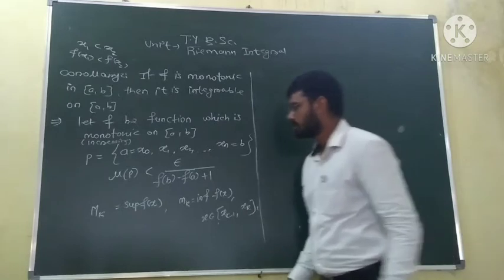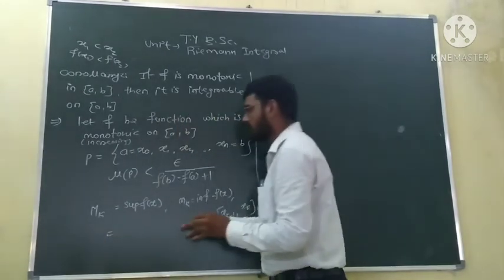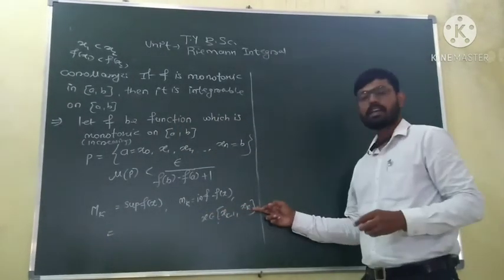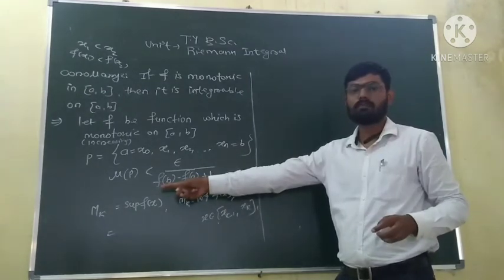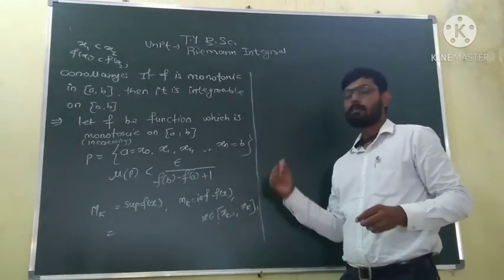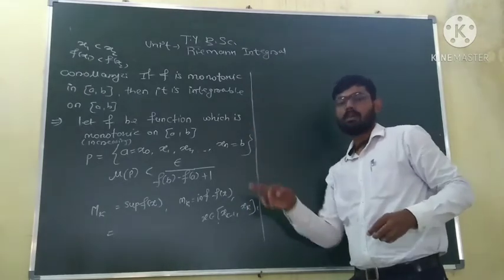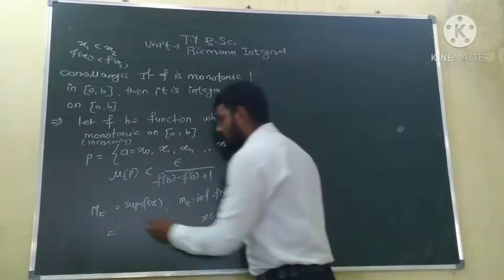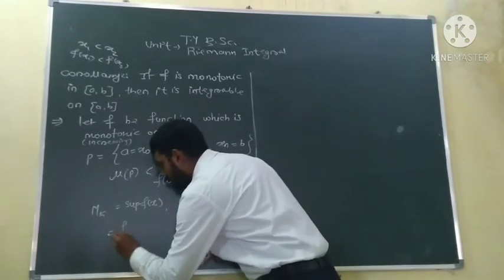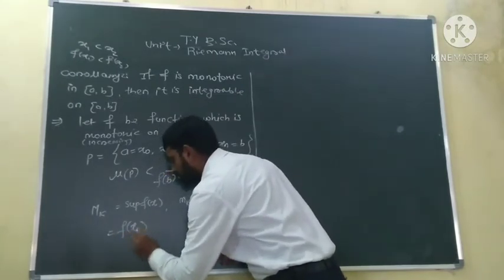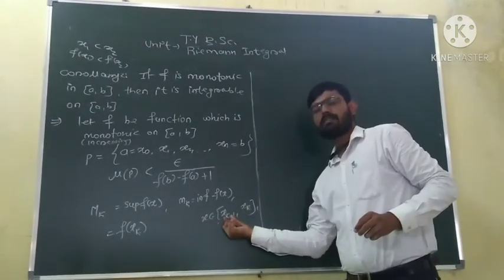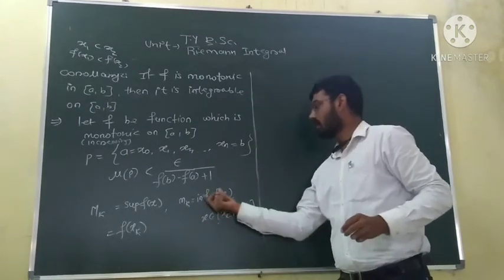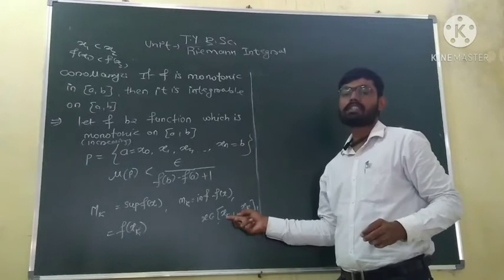So the supremum of the function lies at point xk, because xk is maximum and the function is monotonic increasing, so the maximum value occurs at this point. So the supremum is nothing but f of xk. And xk minus 1 is the minimum value of the interval, so the minimum value of the function occurs at this point xk minus 1.